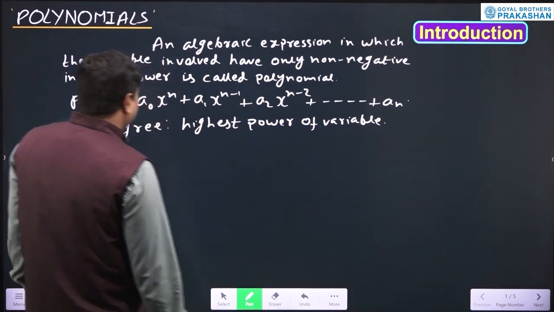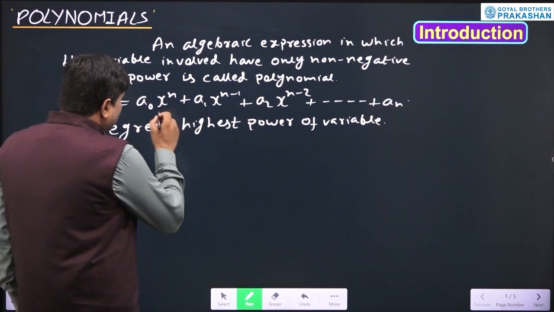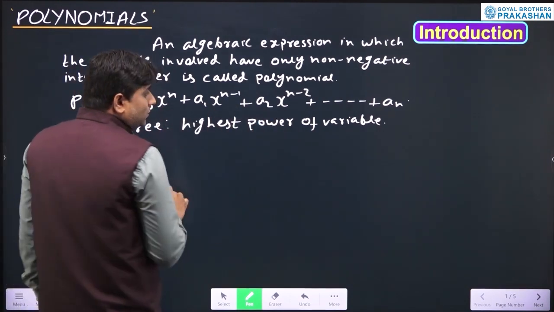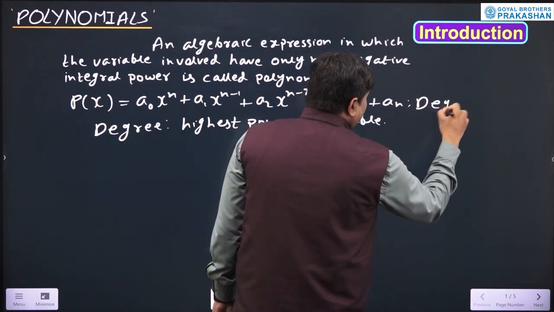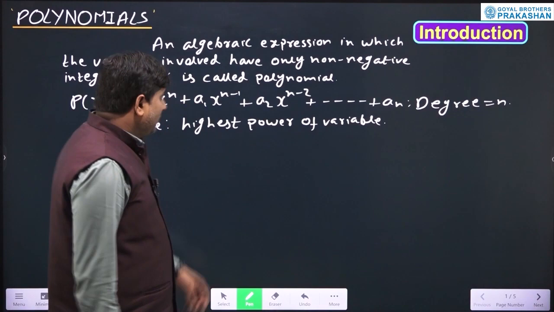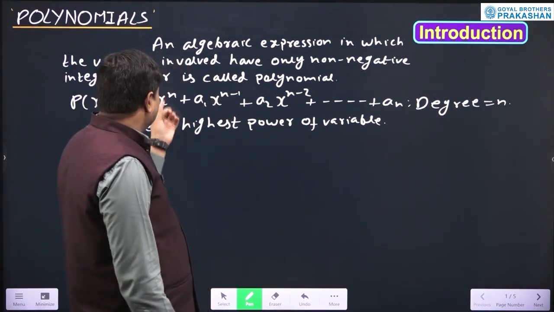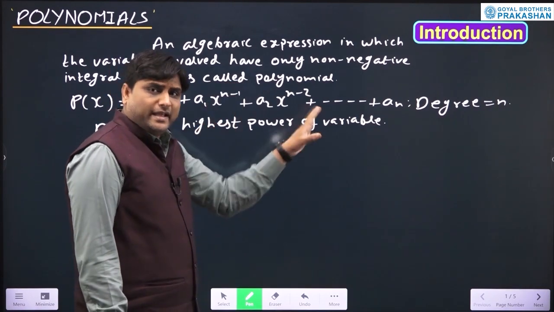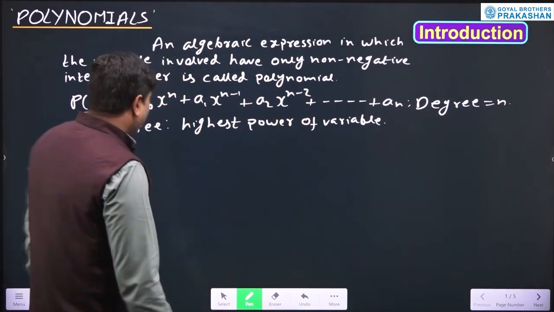In the general expression, the highest power of x is n. So the degree of the polynomial is n, because in the other terms n minus 1 is less than n, n minus 2 is less than n and so on. So the highest power of x involved is n, so the degree is n.